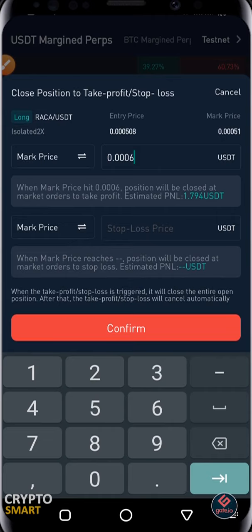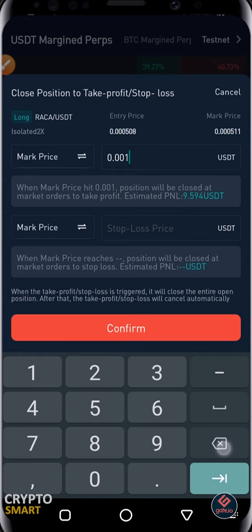1.794 for a 2x leverage position. Is that right? So supposing it gets to maybe 8, this will be our profit. 0.009, this will be our profit. Supposing it eventually reaches 10, this will be our profit. Does that make sense?